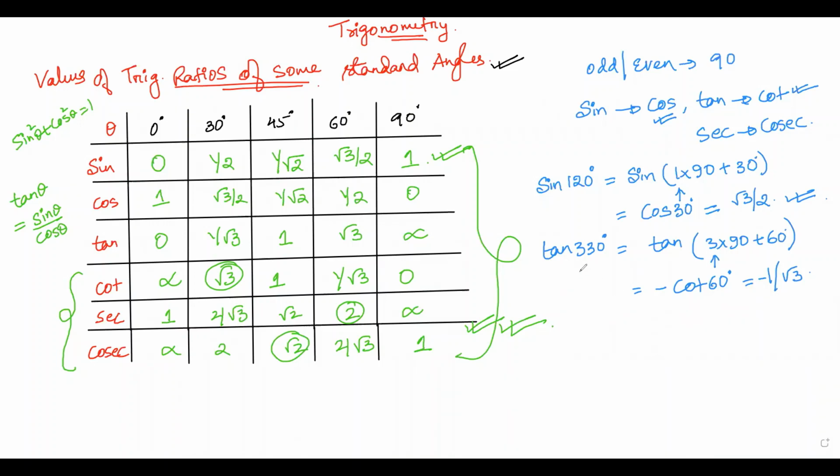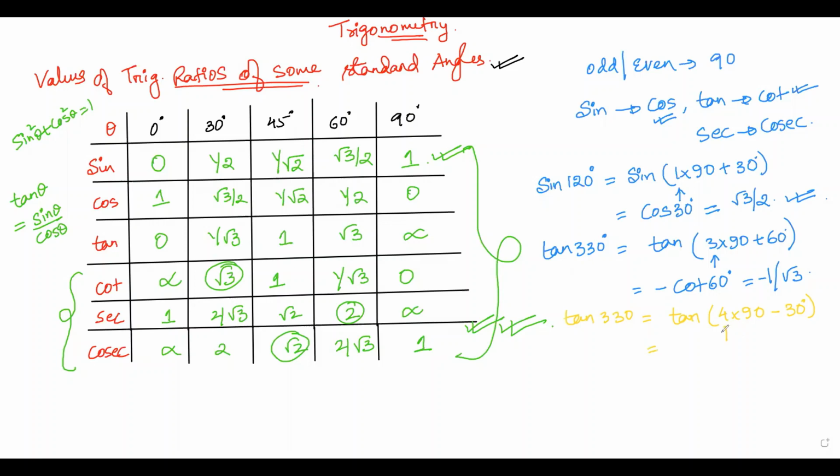Well, some of you might be thinking of writing tan 330 as tan of 4 times 90 minus 30 degrees. Well, we can write 330 in this way as well, and we can apply the same logic here.